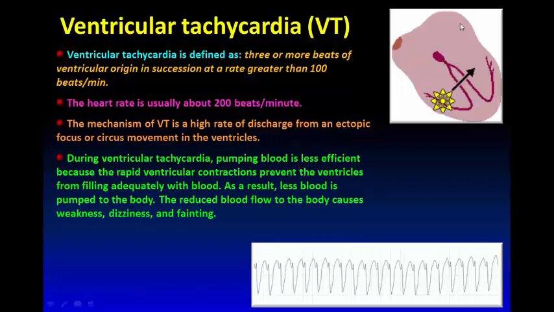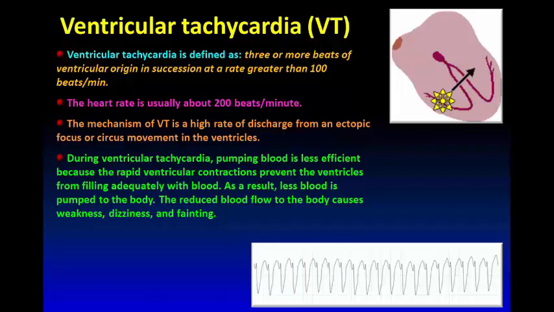The atria would still beat according to normal impulses originating from the sinoatrial node during ventricular tachycardia. During ventricular tachycardia, pumping of the blood is less efficient because the rapid ventricular contractions prevent the ventricles from being adequately filled with blood during diastole, because the diastolic period would have been greatly shortened.